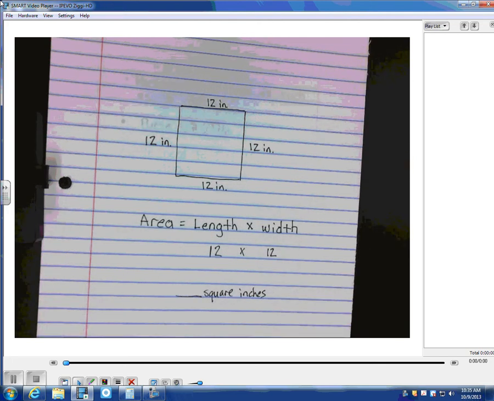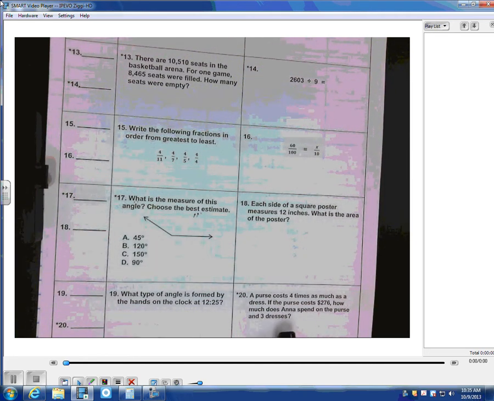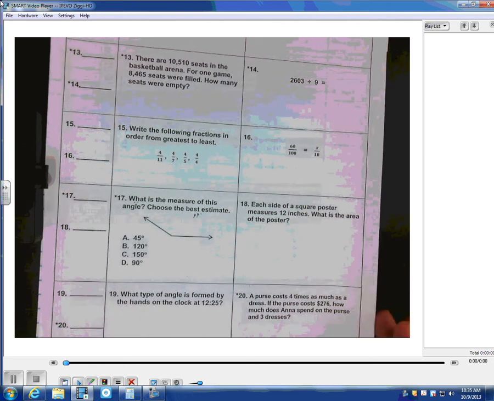The other problem I want to go over is number 20. It says a purse costs 4 times as much as a dress. If the purse costs $276, how much does Anna spend on the purse and 3 dresses? Okay, so let's break this one down.